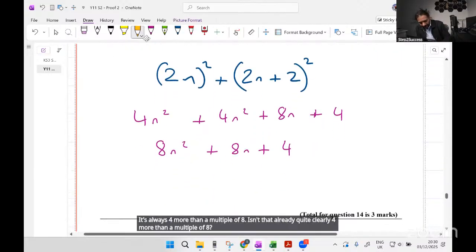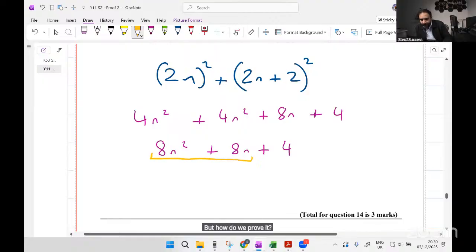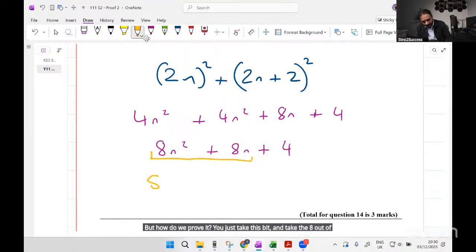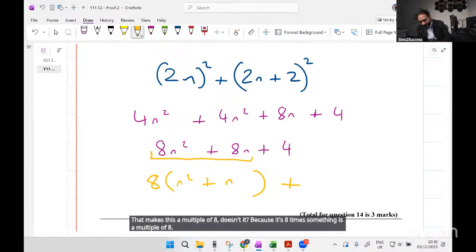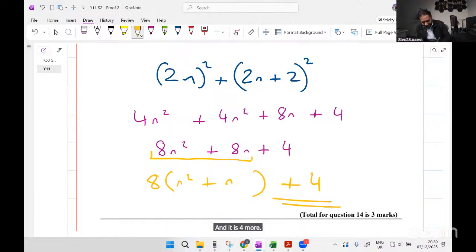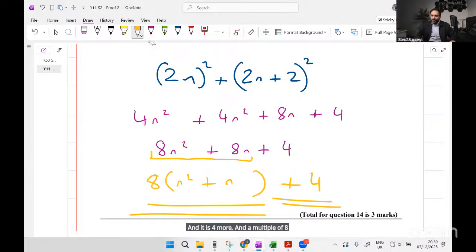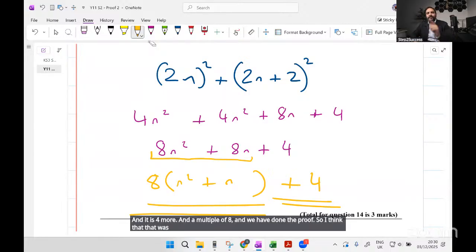But how do we prove it? You just take this bit and take the eight out of it. That makes this a multiple of eight, doesn't it? Because eight times something is a multiple of eight. And it is four more than a multiple of eight. And we have done the proof. So I think that was a relatively easy one if you correctly expand and simplify the brackets.